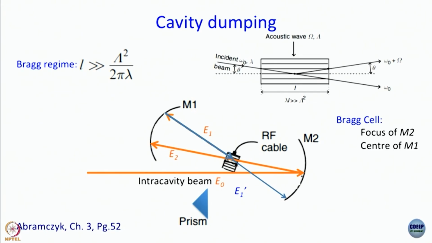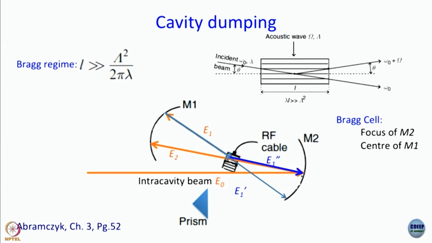Part of it will go straight, we will call that E1 dash, and part of it again will get bent, by exactly the same angle. So, now it will take the path that you would get if you produce this E2 line back to M2. Is that correct? We will call this E1 double dash.